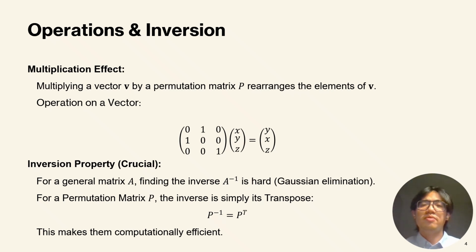For a general matrix, finding the inverse is computationally expensive. However, for a permutation matrix, the inverse is simply its transpose. Mathematically, we say P inverse equals P transpose. This makes them incredibly efficient for computation.